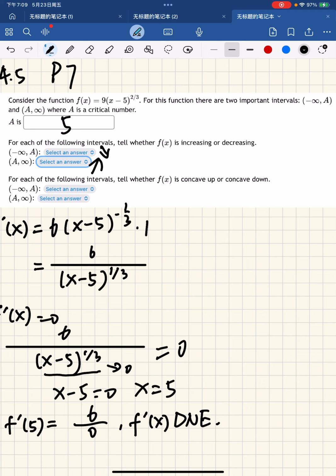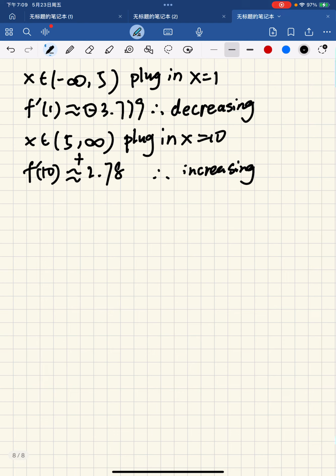On the second part, we need to figure out the concave up or concave down. So we need to find the second derivative to figure out the concave direction.